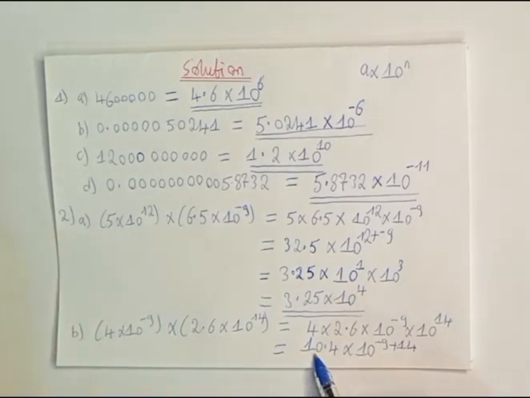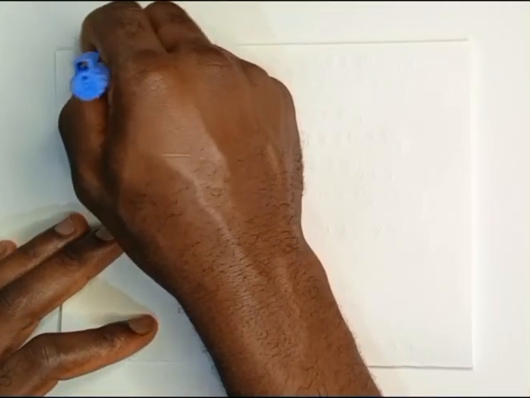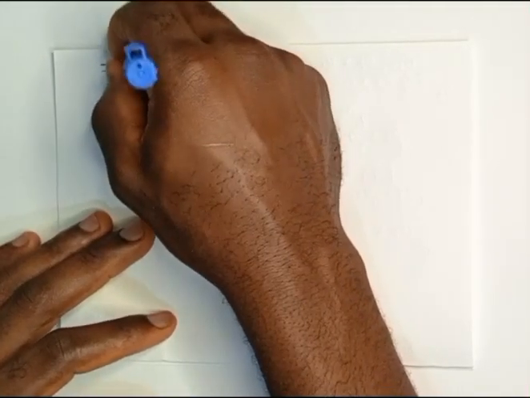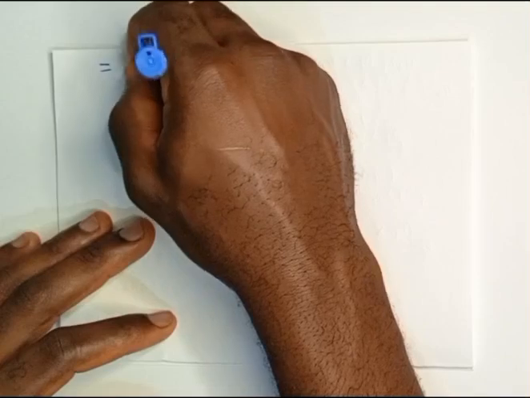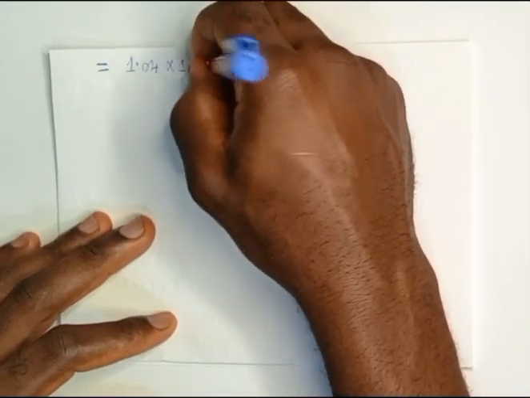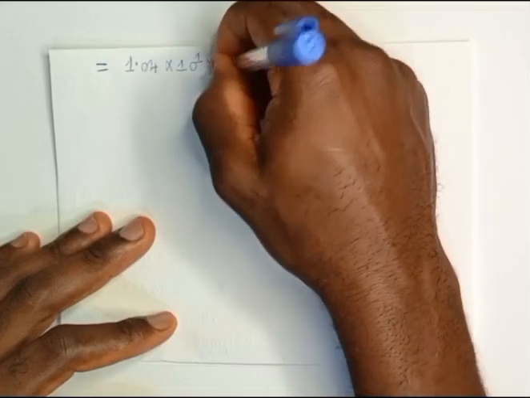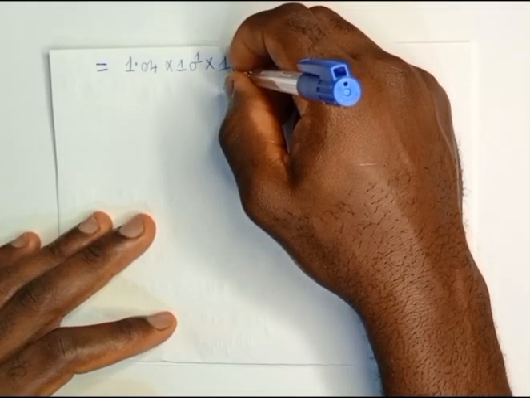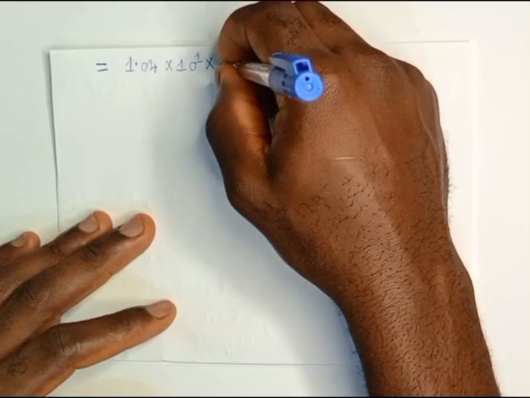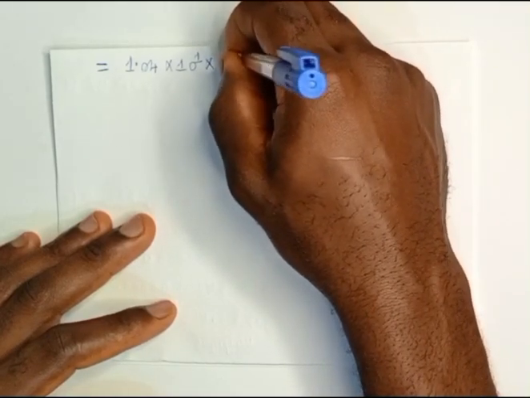Next, we are going to express the number 10.4 in standard form. Since 10.4 is greater than 10, this will simply be equal to the number 10.4 in standard form gives us 1.04 times 10 to the power 1 times 10 to the power negative 9 plus 14 is the same as 14 minus 9, which is 5.